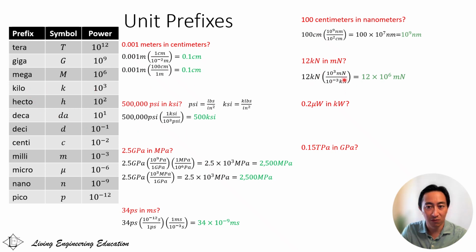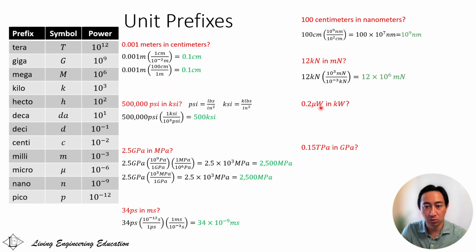If I want to write in this form, I can write this as 10 to the negative 3 millinewton. Instead of 10 to the negative 3, I write it as 10 cubed. So 12 times 10 cubed over 10 to the negative 3. So 3 plus 3 gives me 6. So 12 times 10 to the 6 millinewtons.